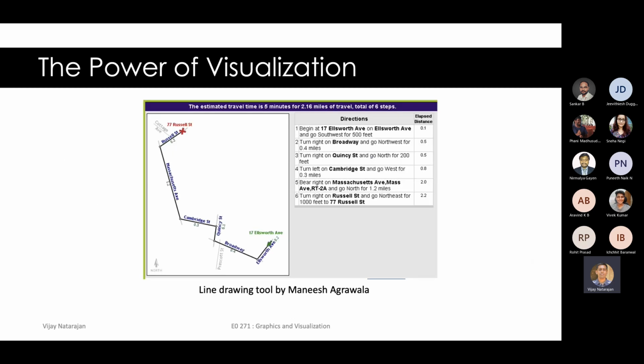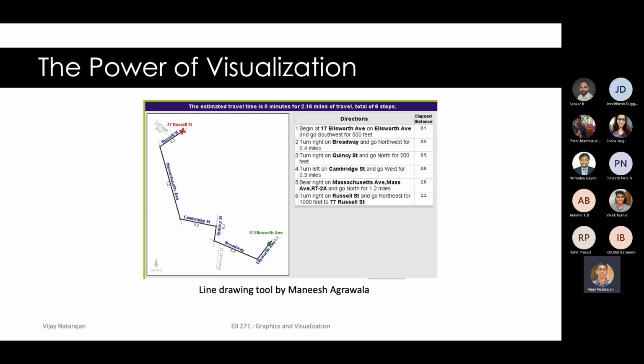Right? So another example here from the early days of mapping tools. This is a line drawing tool developed by Manish Agrawala, who's from UC Berkeley. So this is from the early days of Google Maps.